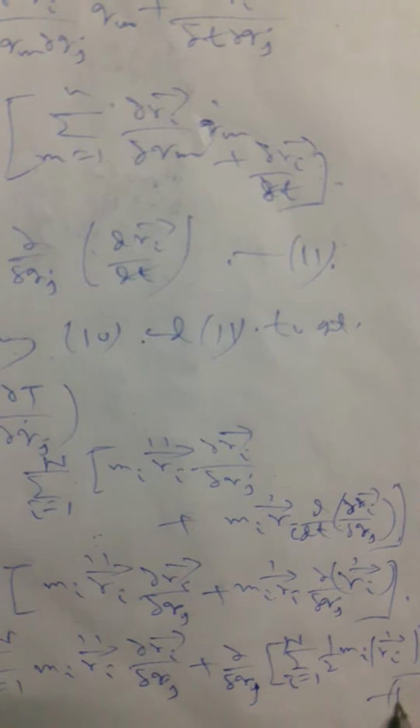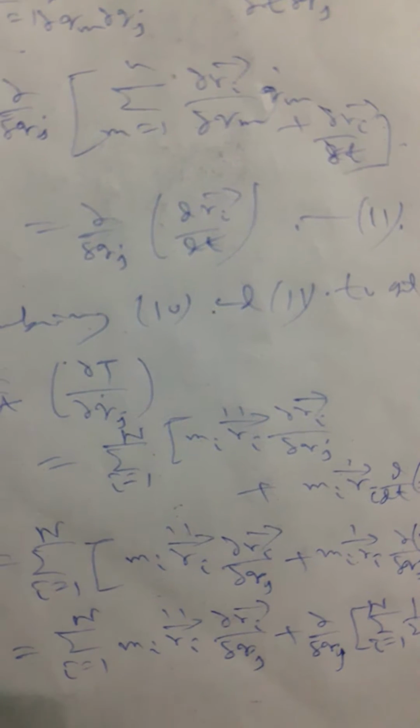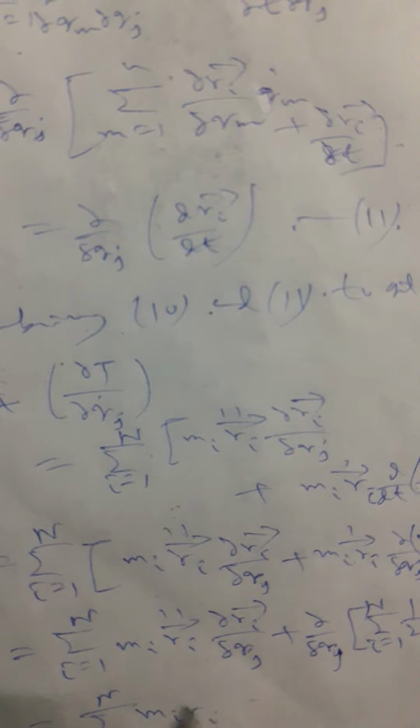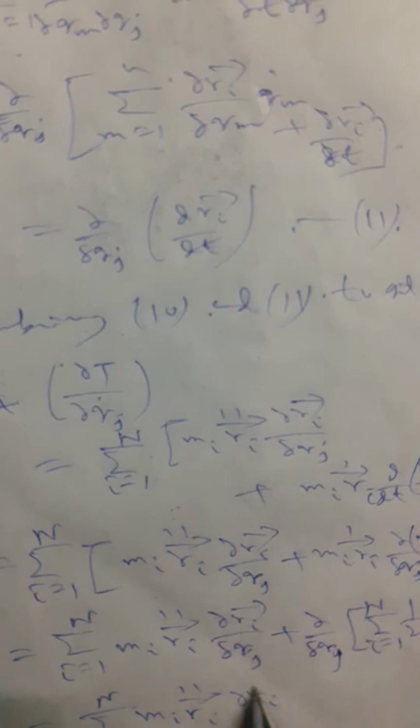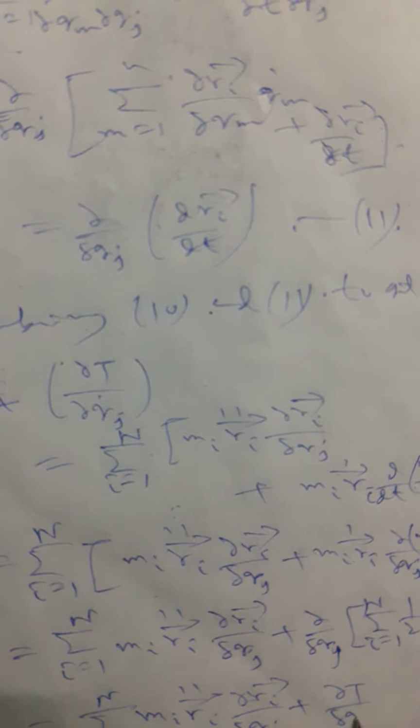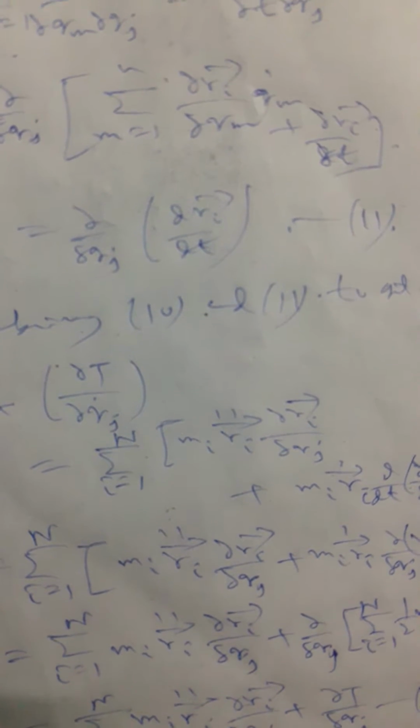Now taking it equation number 12. Just a minute, we revise this equation. Sum of i equals 1 up to N, mi r̈i ∂ri/∂qj plus ∂T/∂qj, taking it equation number 12.